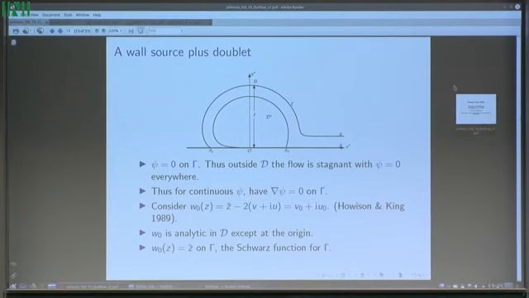And so this W we've introduced is an analytic function in D. And in fact, it has the property that when U and V vanish on the boundary, W0 is simply Z bar. So W0 actually is the Schwartz function for this curve here. So our problem reduces to finding the Schwartz function with a specified singularity at the origin. This method was introduced, I guess, by Sam Howison and John King.